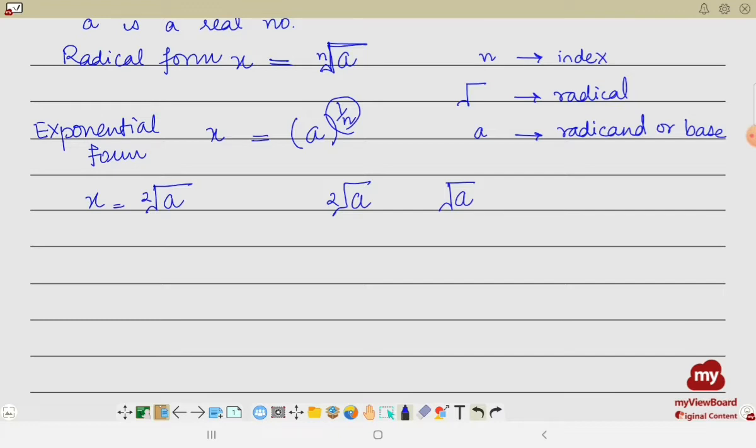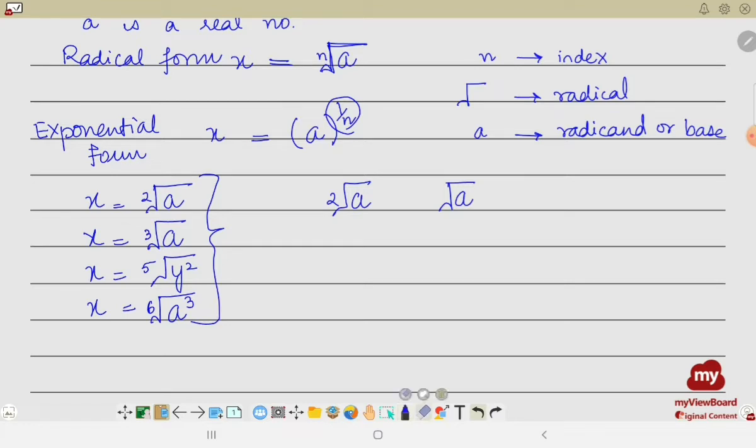Then let's say the cube root of a, and then the fifth root of y squared, and for example the sixth root of a cubed. So these are all radical expressions or radical form.